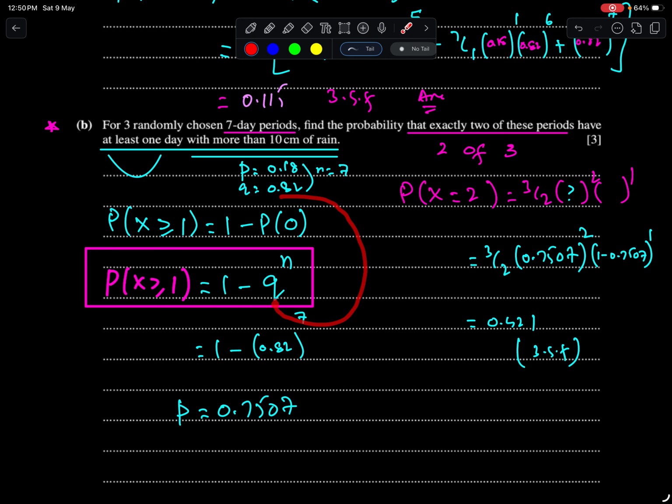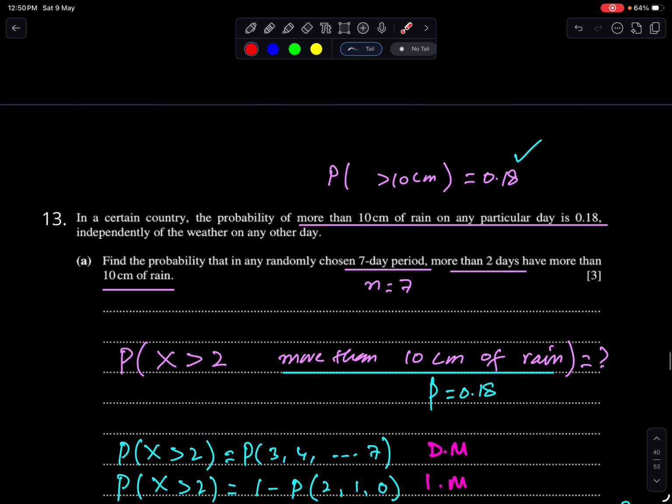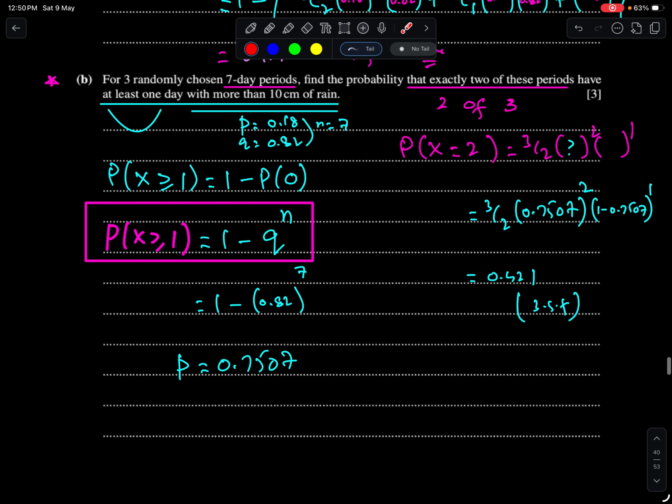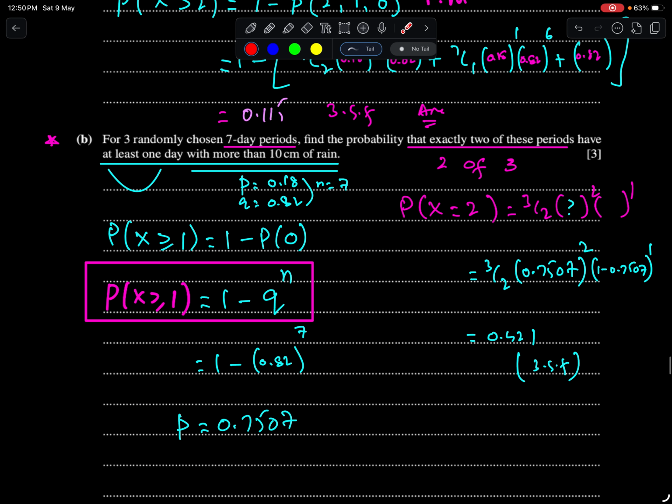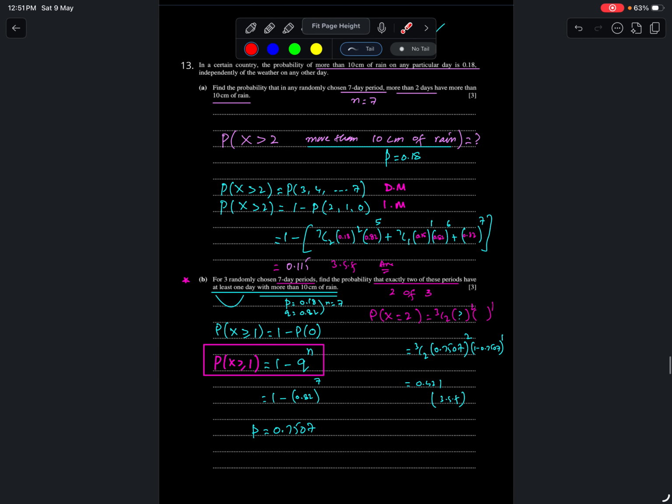Now substitute Q 0.82 here and N is 7. Because for this part N is 7, P is this, Q is 0.82. So work this out and get P. This P is used over here. This is the way to find P for this model with the help of the previous model, and that is why this is known as two binomial models.